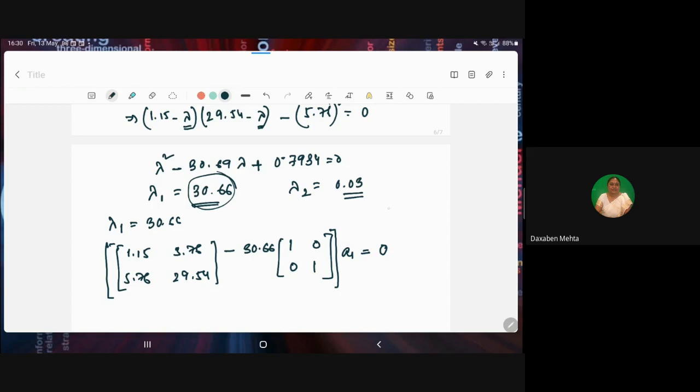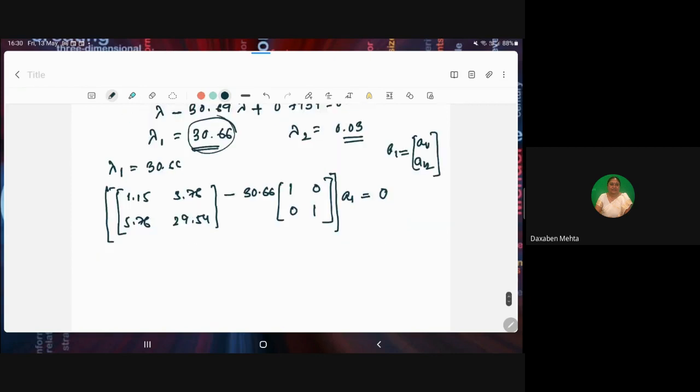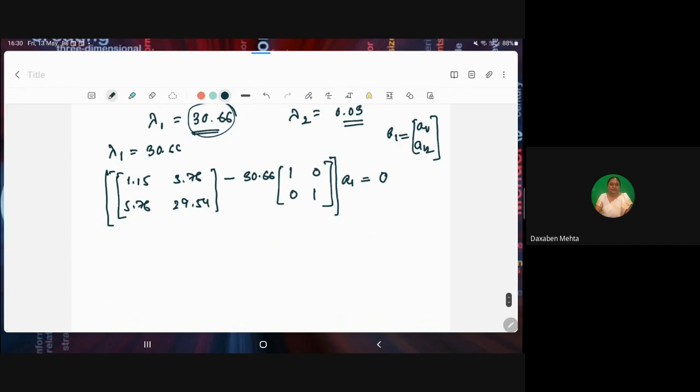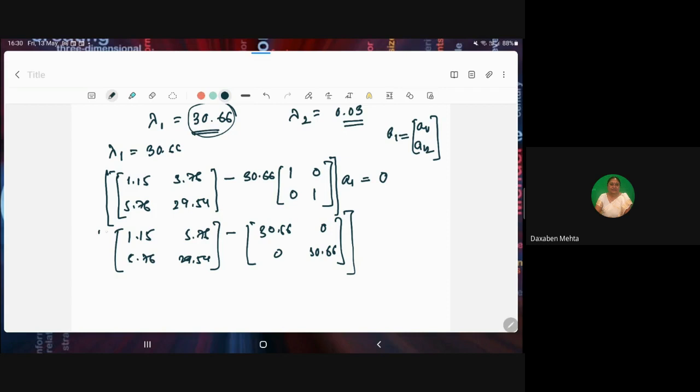And what is A1? Mind it, what is A1? That is A11 and A12. So look, these values become 1.15 and 5.76, 5.76, 29.54, this minus 30.66, 30.66, and this into A11 and A12 equals 0.